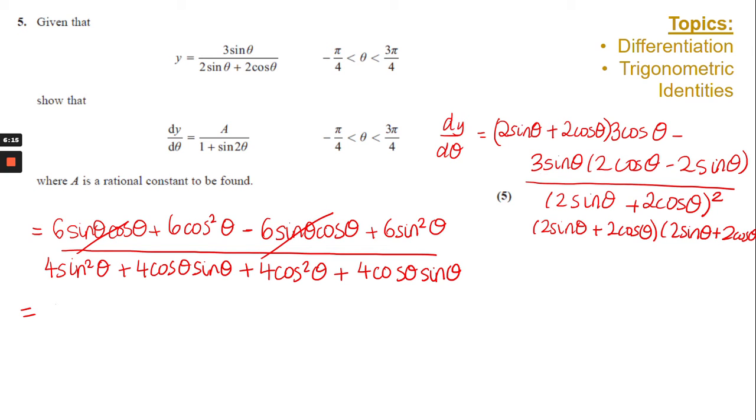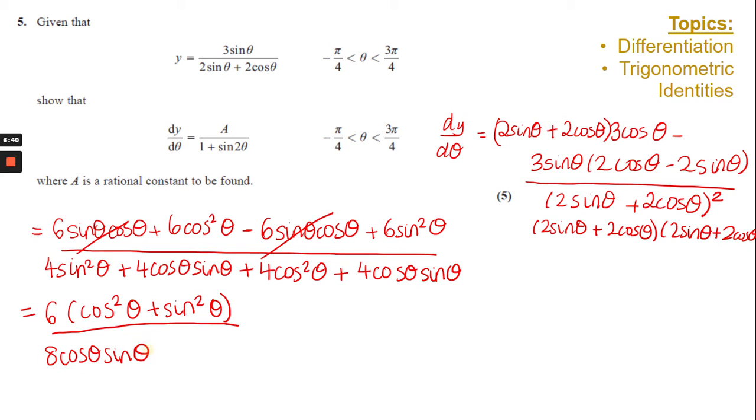We get left with 6, and I'm going to take the 6 out because both of these contain a 6, and you'll see why in a moment. 6 times cos squared theta plus sine squared theta, all over 4 cos theta sine theta plus 4 cos theta sine theta gives me 8 cos theta sine theta, and then 4 sine squared theta plus 4 cos squared theta, I'm going to take the 4 out, 4 times cos squared theta plus sine squared theta.